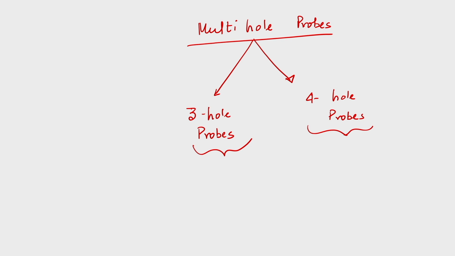Now, before that, we will try to recapitulate. We have learned from our undergraduate fluid mechanics course what is static pressure and what is total pressure, and in continuation of that, today we would like to discuss what is a static pressure probe and what is a stagnation pressure probe. First, I would like to discuss the static pressure probe.